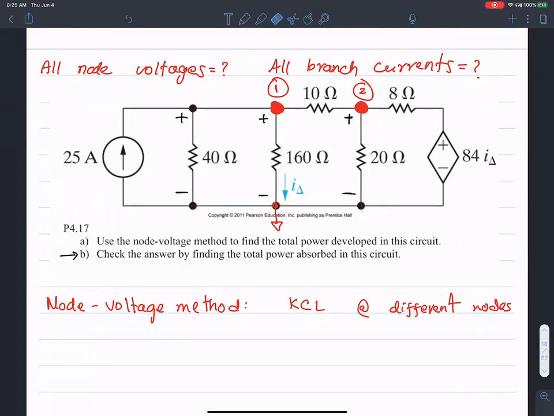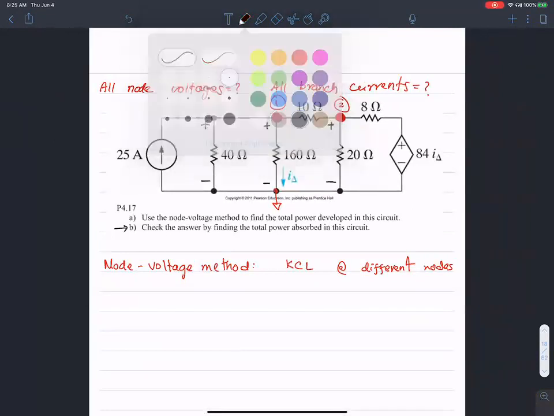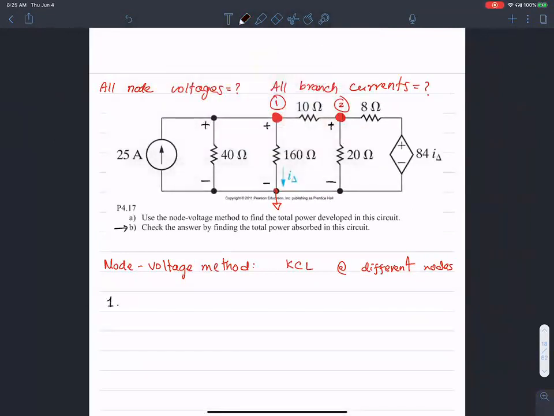So I have come up with two nodes now. The first step was to find the ground node. The second step is to identify the independent nodes.